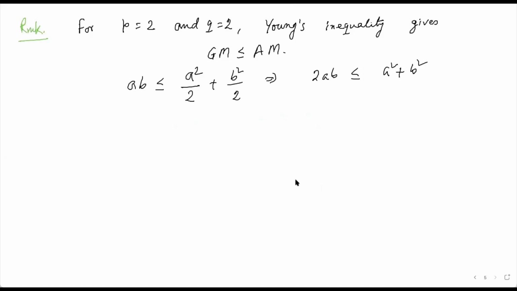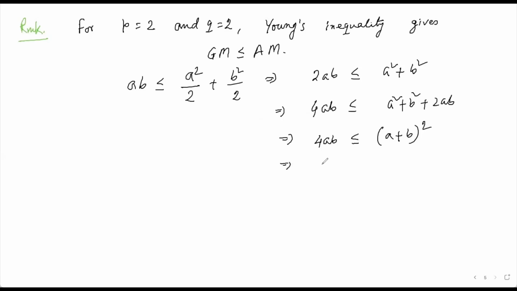From here, 4AB is less or equal to A square plus B square plus 2AB, which implies 4AB less or equal to (A plus B) whole square, and this implies AB less or equal to ((A plus B) over 2) whole square.